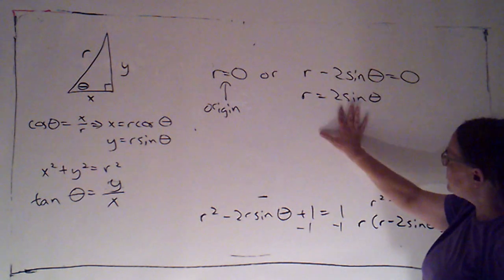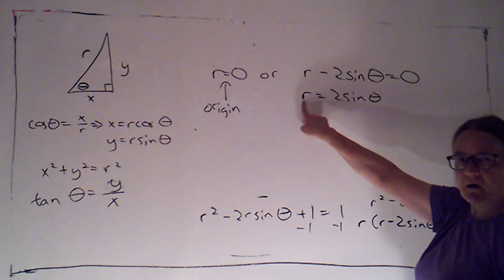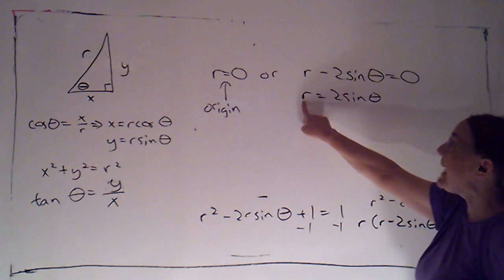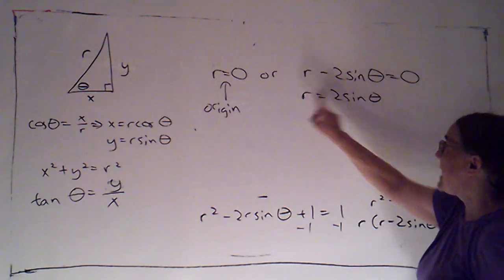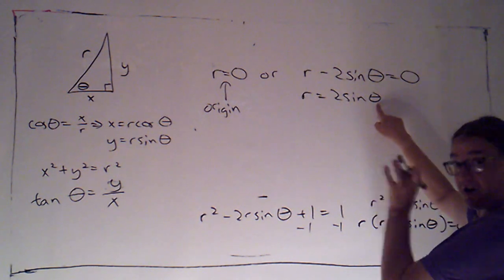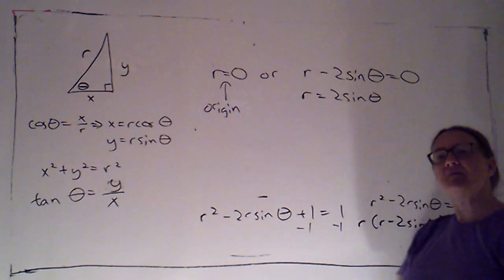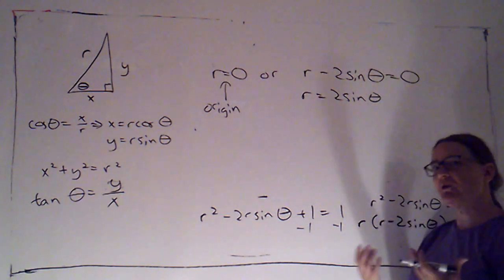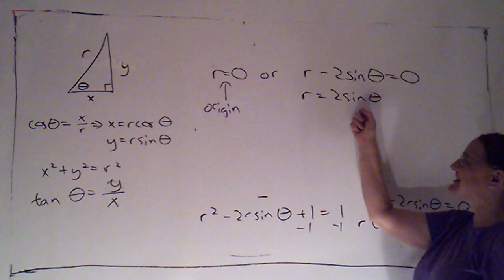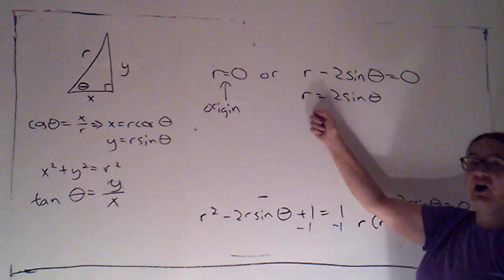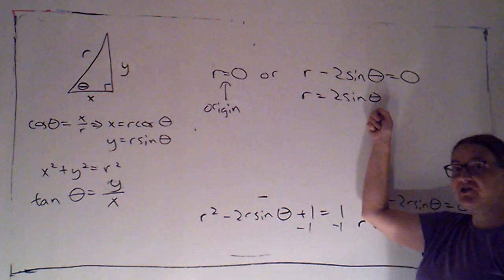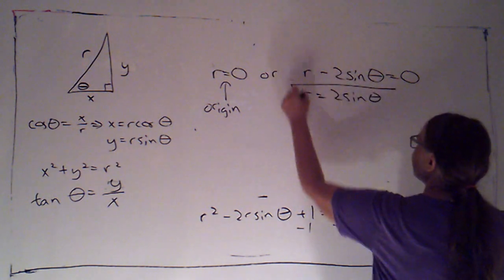Is there a solution to this equation where r is 0? Yes, there is. I would have to pick a theta to go with it that would make the right-hand side 0. But as long as I pick theta to be a multiple of pi, that's going to make the right-hand side 0. R would be 0, so the origin is on the graph of this.